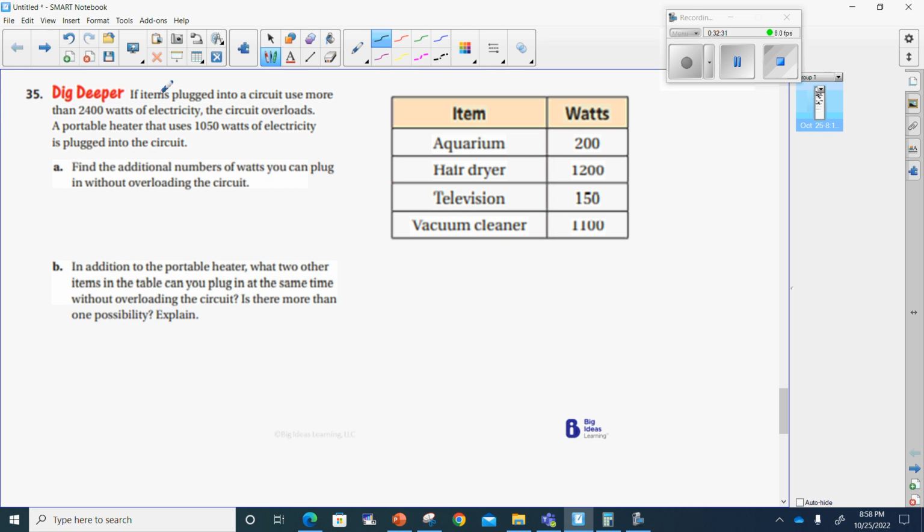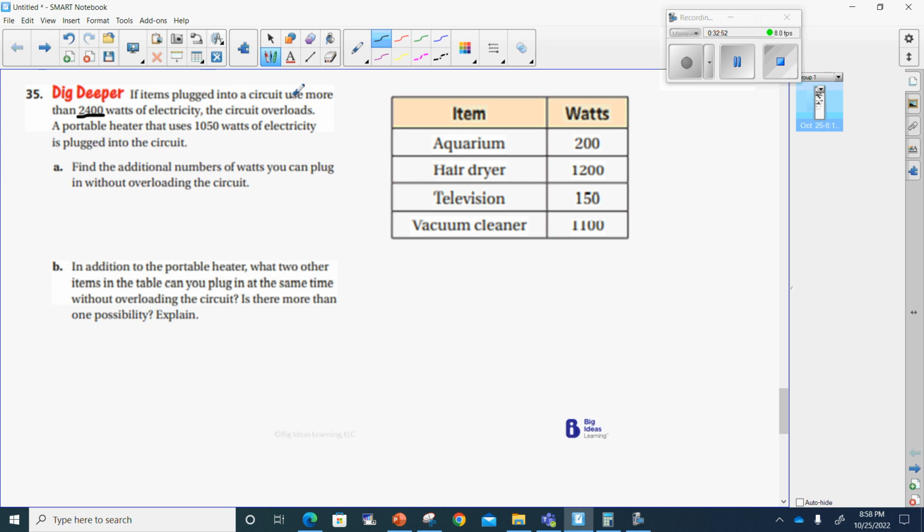Remember, the items plugged in the circuit, if they do more than 2,400, it's going to blow. It's going to overload. A portable heater that uses 1,050, and it's not listed over here, is plugged into the circuit.